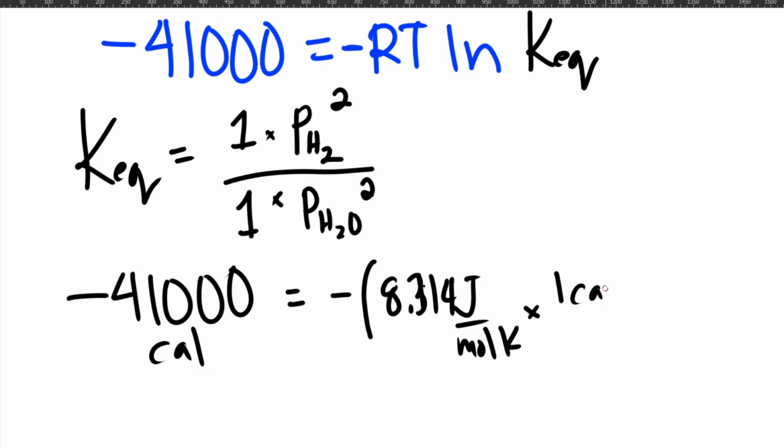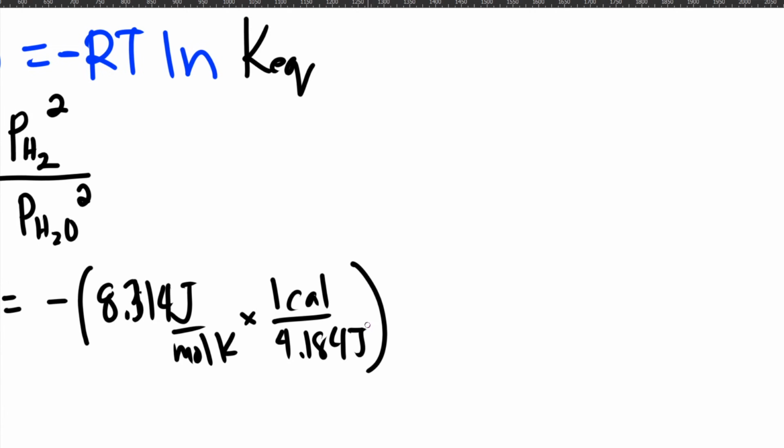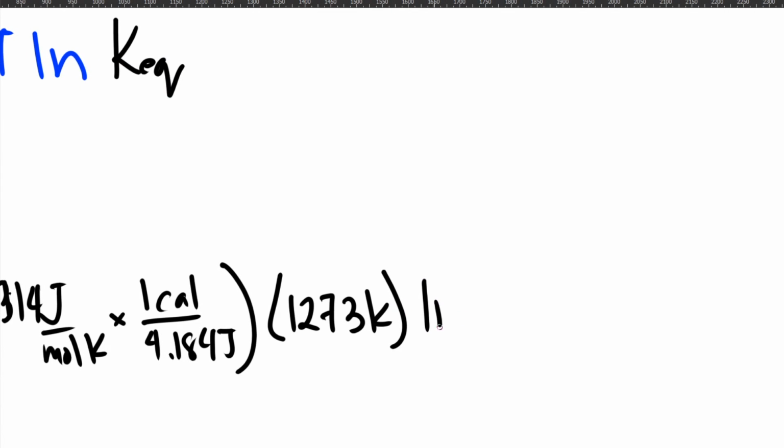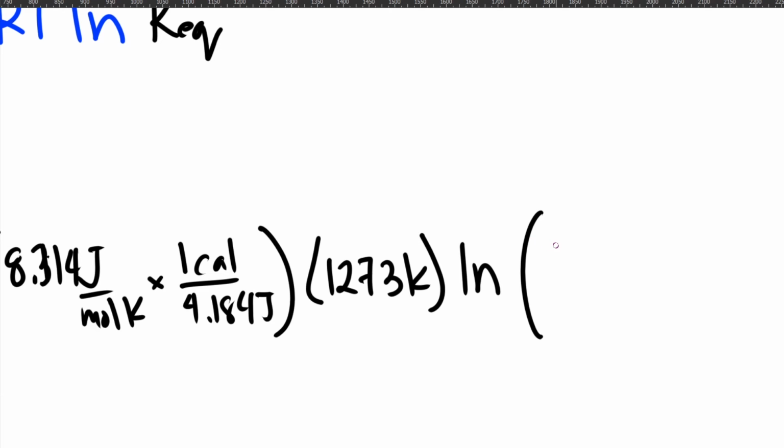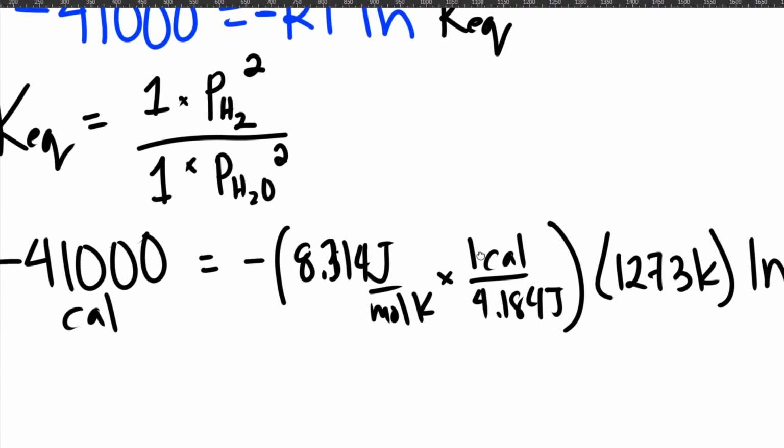Times 1 calorie over 4.184 joules. Temperature is 1,273 Kelvin. We have ln of, what is this? pH2 squared over pH2O squared.